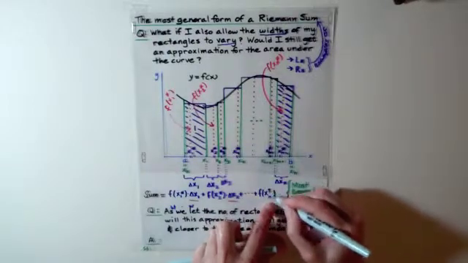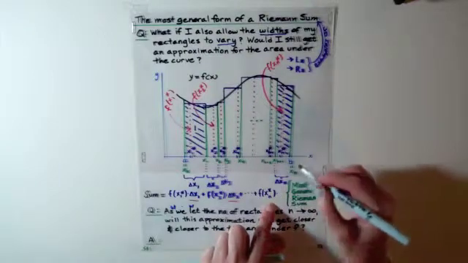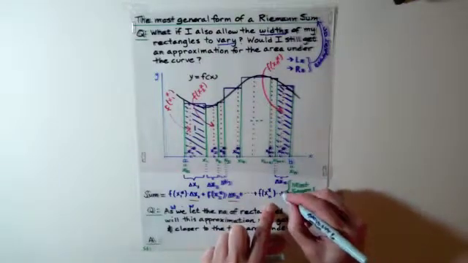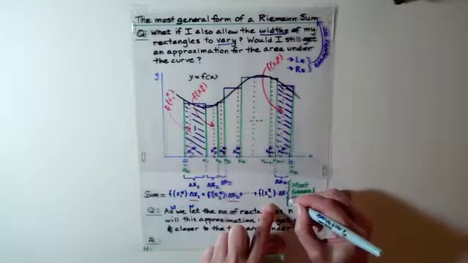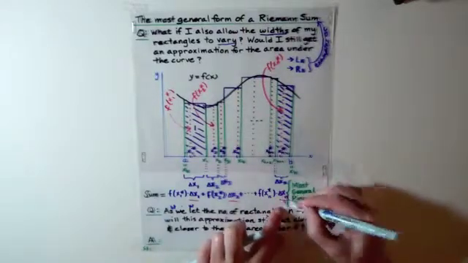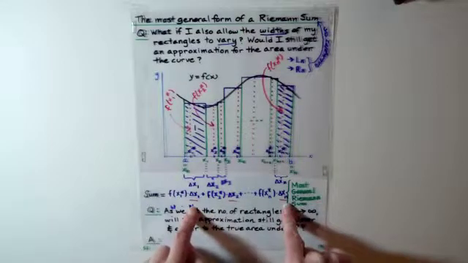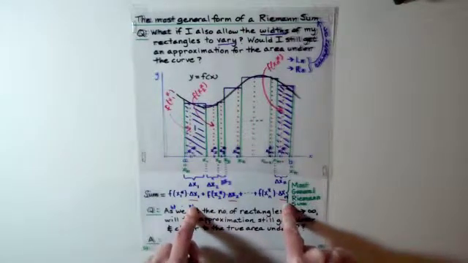That's my arbitrary x value on the nth strip. And then I multiply by its width, which we said is delta xn. And so the only thing that's really changed is that we are now also allowing each of the widths to possibly be different from each other.